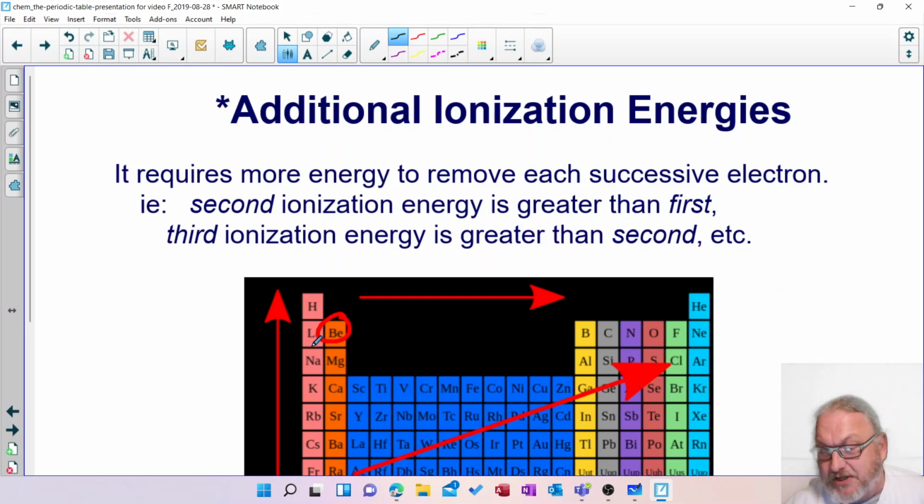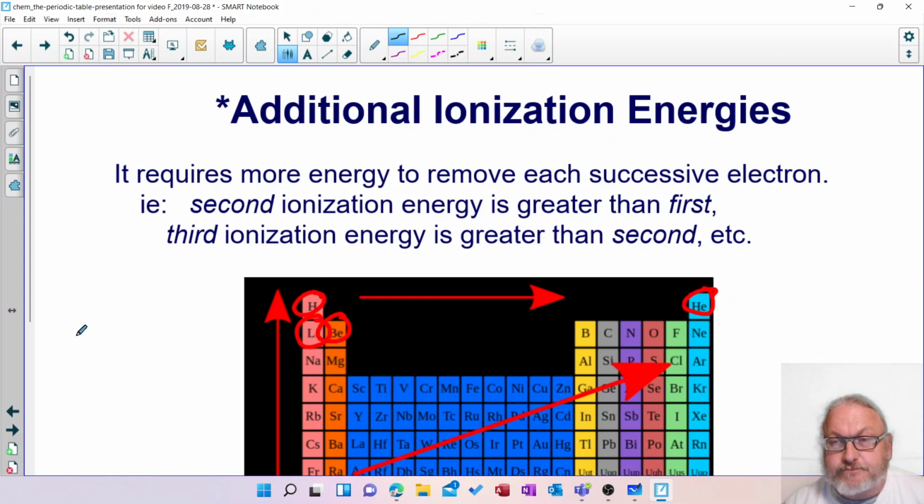Then it's got another electron at the beryllium cation. Then it's going to take the second ionization energy to remove the second electron to get it into the helium configuration. Then it will take the third ionization energy to remove that third electron, and then the fourth ionization energy to remove the last one, the hydrogen-like electron. All right.